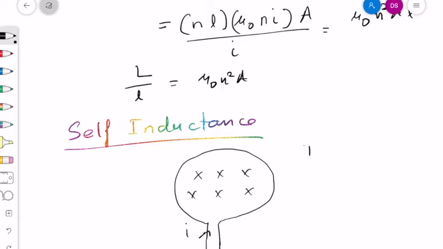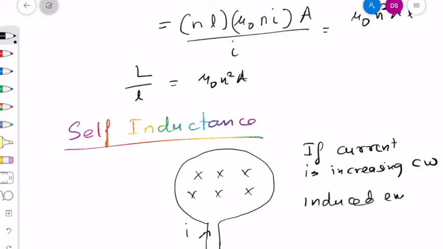So if current is increasing in the clockwise direction, then induced EMF will be in the counterclockwise direction. You can see that the induced EMF is opposing the change in the current, the increase in the current.